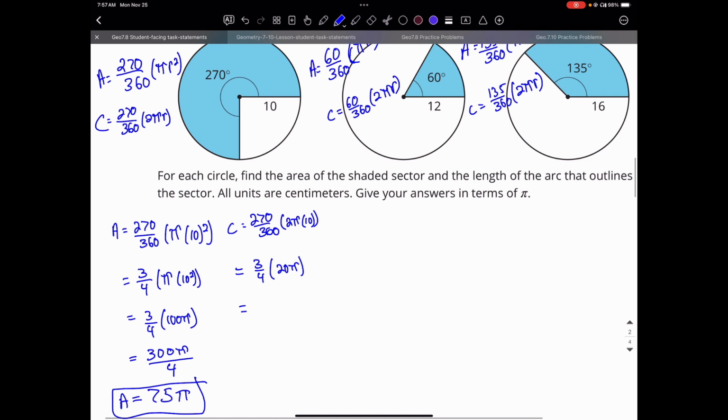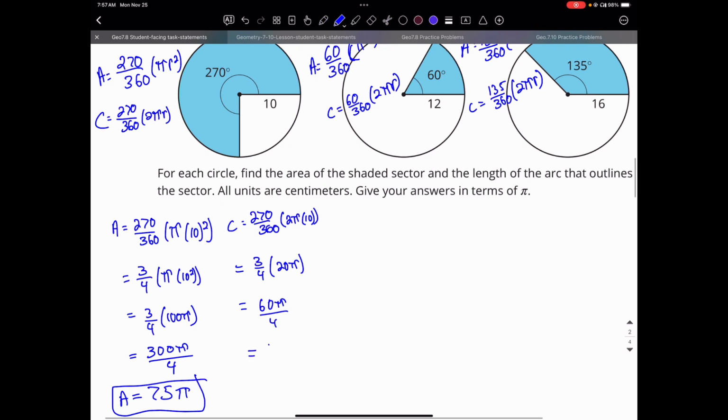So then that would be 3 times 20 is 60 pi over 4, which simplifies to 15 pi. So the circumference or the length of that sector is going to be 15 pi.